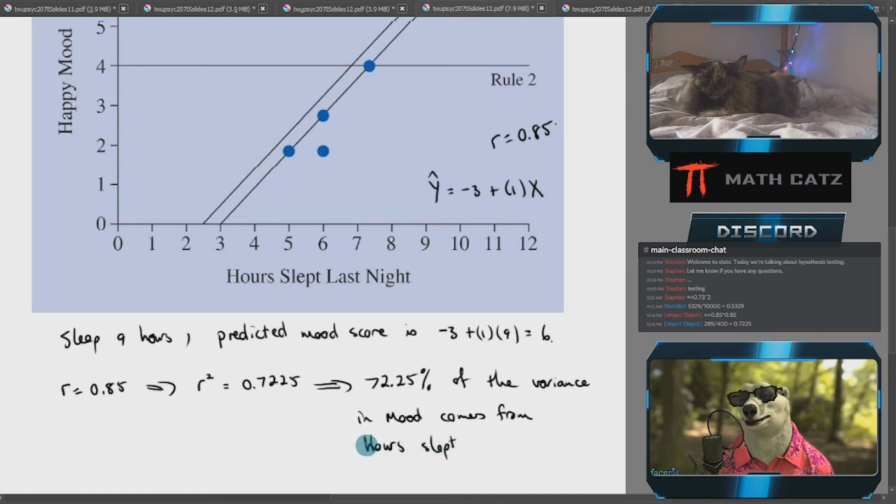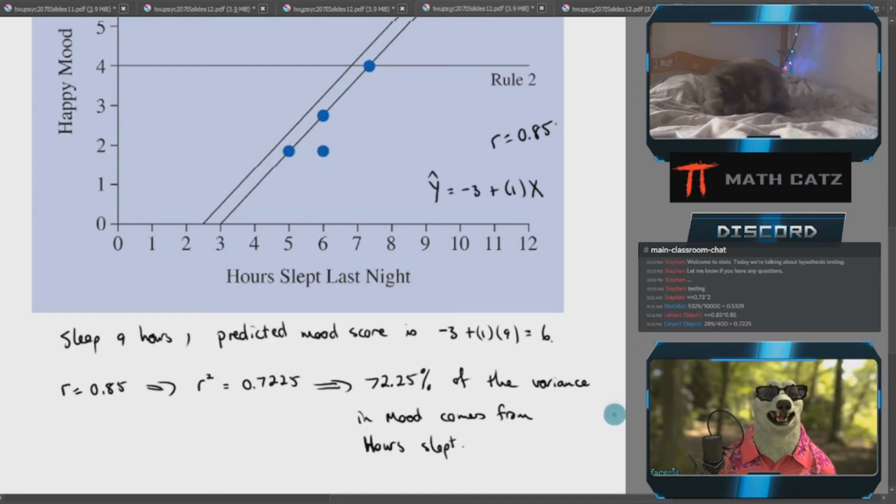Now my H looks super weird. There we go. So of course, other things affect your mood, but based on this still very small sample, roughly 72.25% of your mood rating is somehow directly or indirectly coming from hours slept.